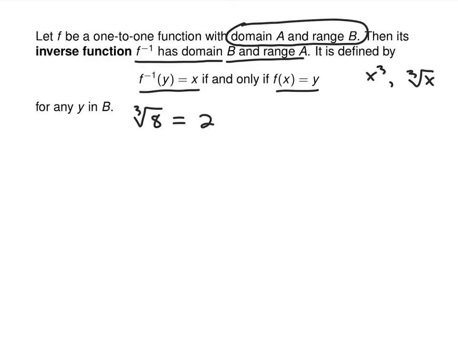And that's true because 2 cubed equals 8. So here, the cube root is like the f inverse, okay? And the cubed is the f. Does that make sense? Notice what happened. You put y in and got x out. So this is the y and this is the x. This thing is just flip-flopped.